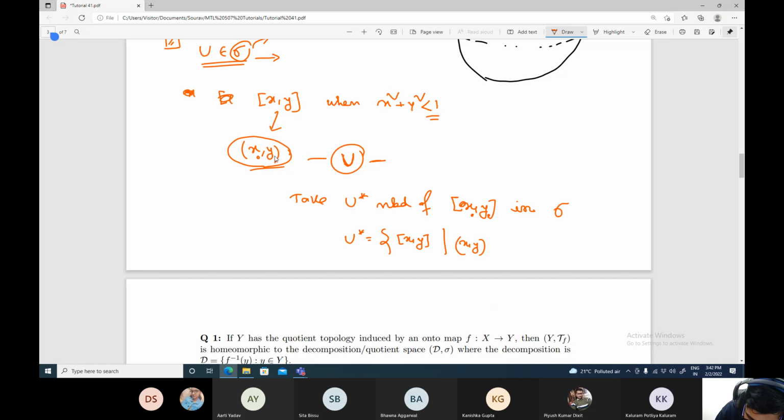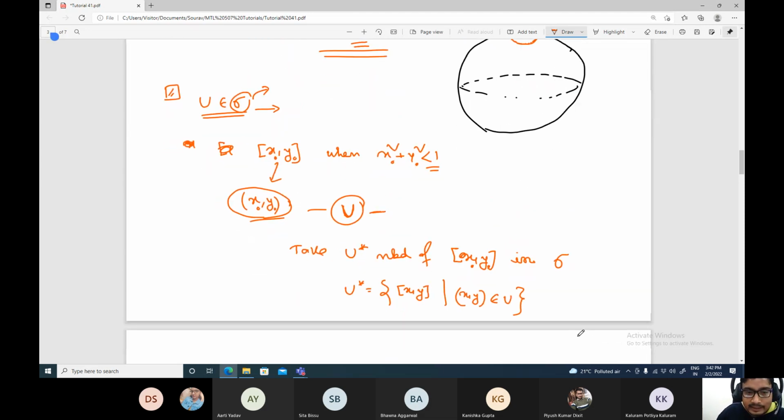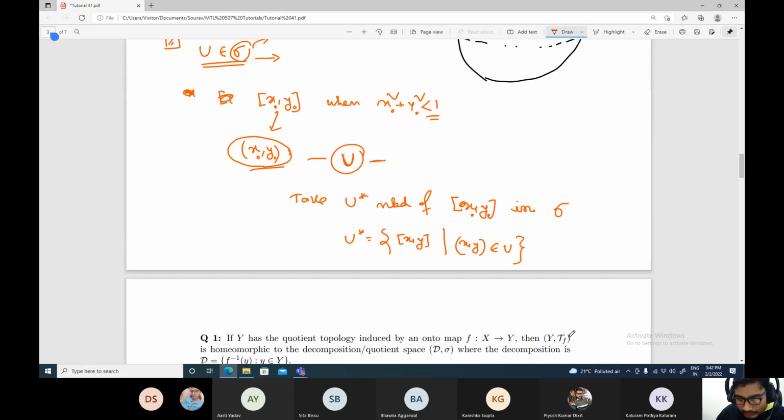To specify such a fixed point x naught, an interior point in the interior, whenever we take this (x, y), whenever (x, y) belongs to U. So this kind of open sets will be there for the interior points.